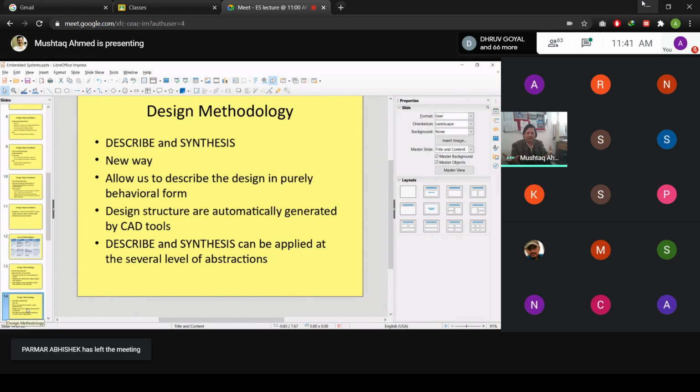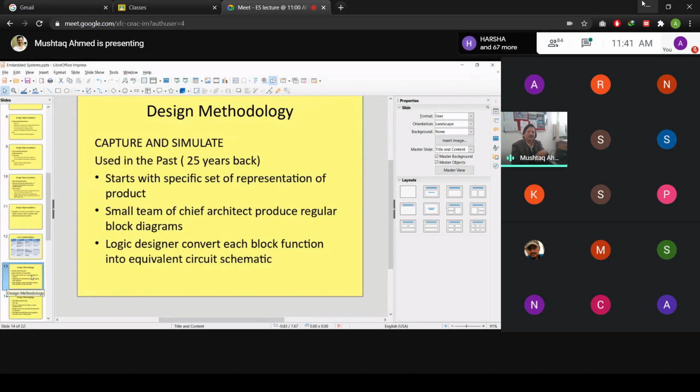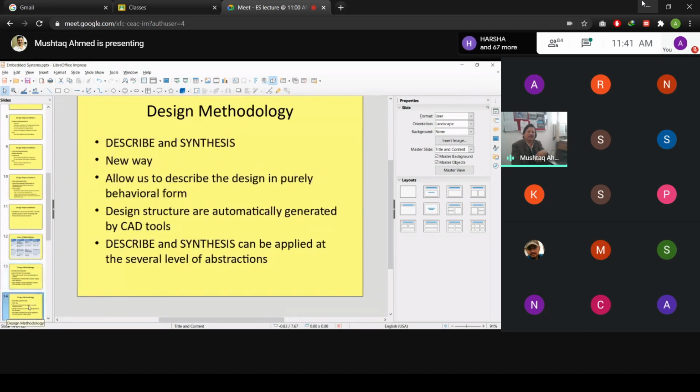And I have the field programmable gate array over which I mount that functionality or the behavioral description of the device, and that device will start functioning like that. So this is referred to as describe and synthesis. A slight modification in the chain, if it is required, I can do that at my own desk, and that can be easily implemented. Whereas unlike in the previous technology, the capture and simulate, this type of technique was not there.